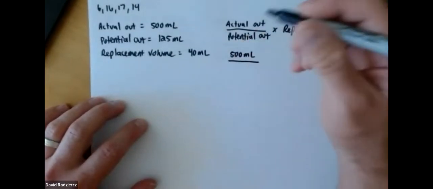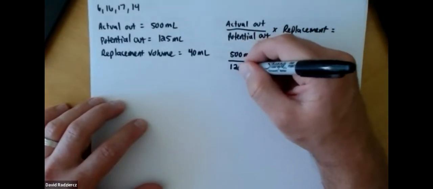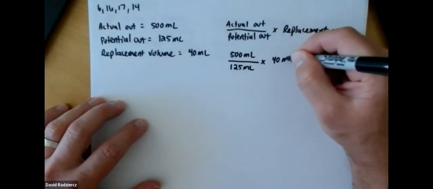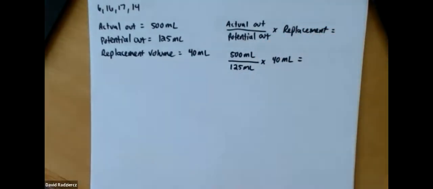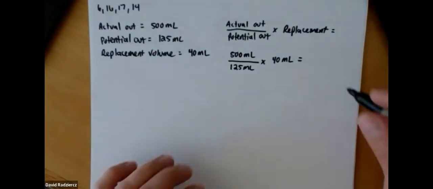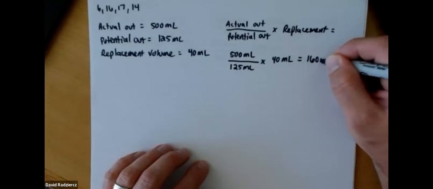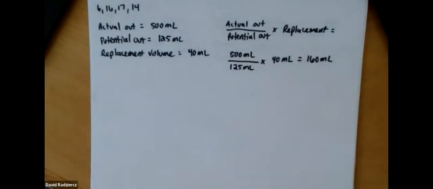I'm going to divide it by the potential output of the 125 milliliters, and then I'm going to multiply by my replacement volume. And if you do that every single time, you will get the right answer. And I believe the answer is 160 milliliters. That seems right to me, assuming it was a 40 milliliter replacement volume. So I'm going to double check that. Yeah, 40.